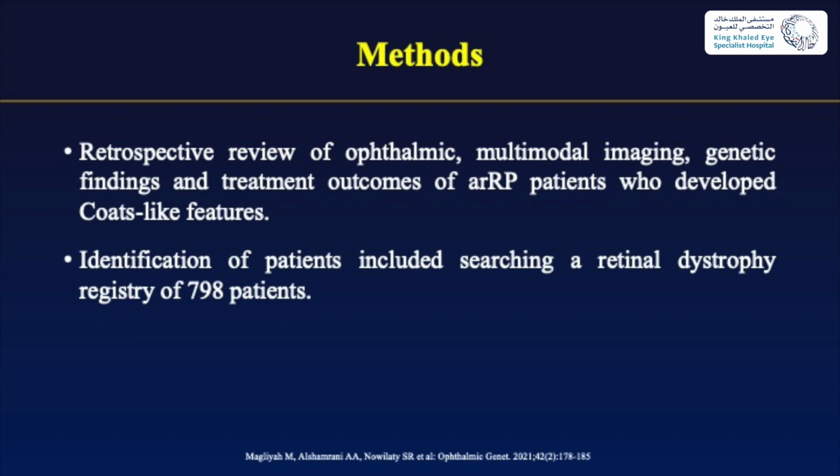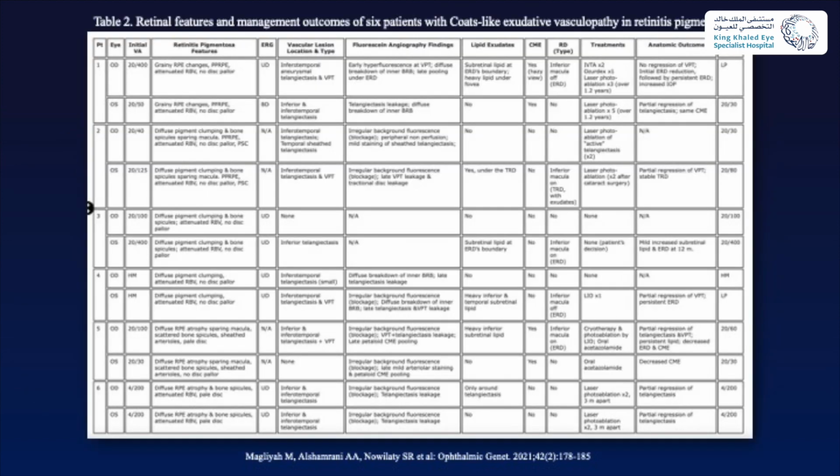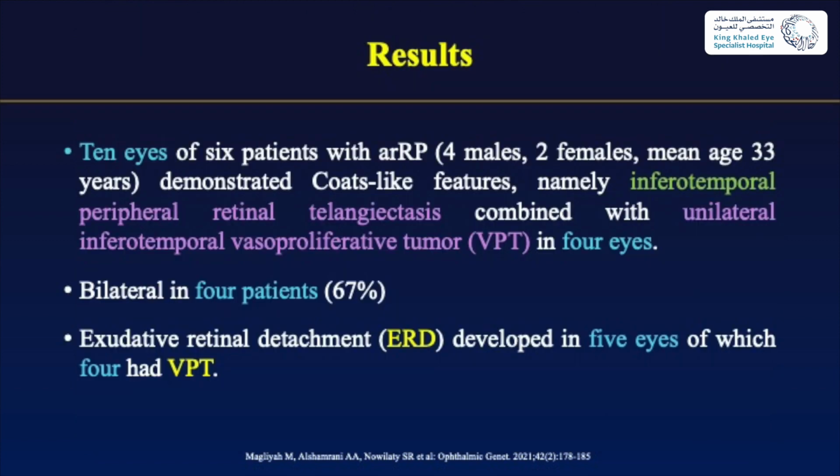Identification of patients included searching our retinal dystrophy registry of 798 patients. The table will be summarized. So, 10 eyes of 6 patients with autosomal recessive retinitis pigmentosa demonstrated inferior temporal peripheral retinal telangiectasis combined with unilateral inferior temporal vasoproliferative tumor in 4 eyes.